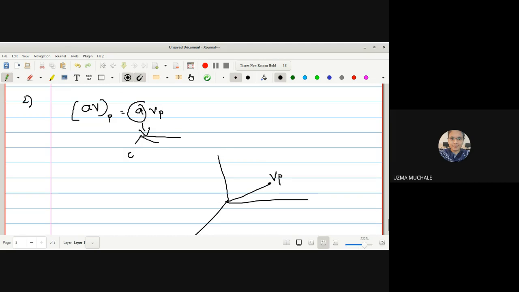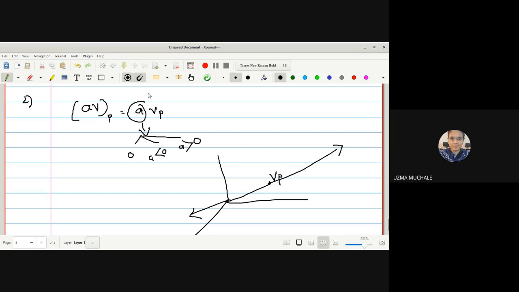So if A is 0, this will come to the origin, and if it is less than 0, it will come back, right? It will go in the negative direction, and if A is greater than 0, it will go in the direction of VP, in the positive direction.